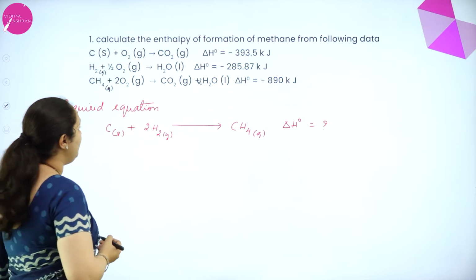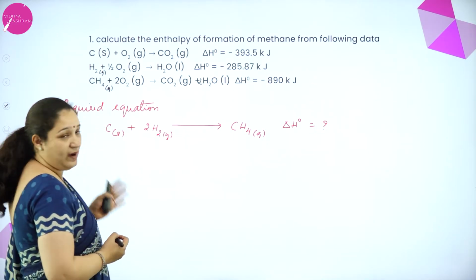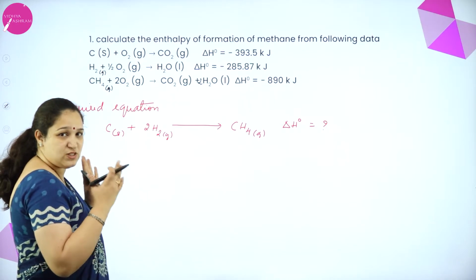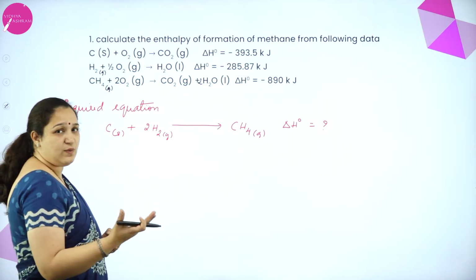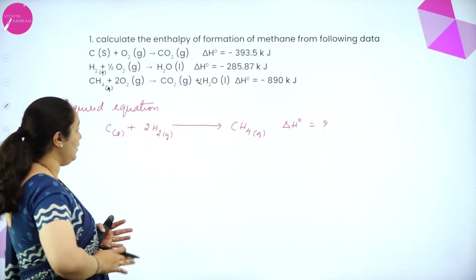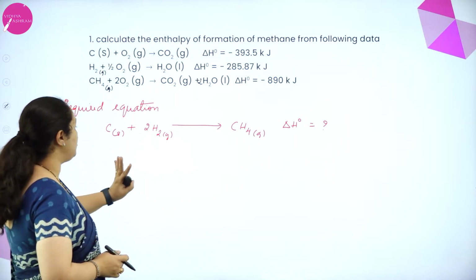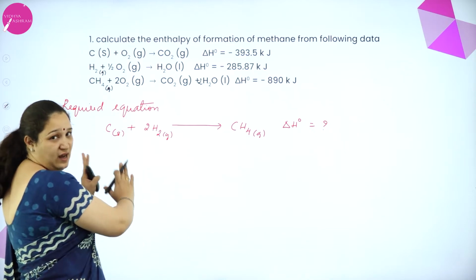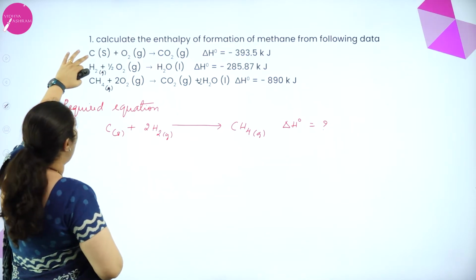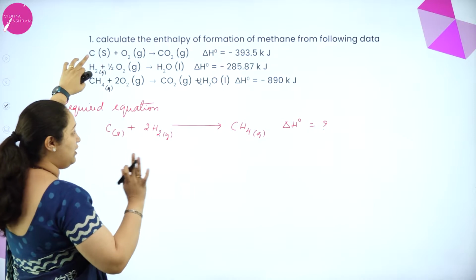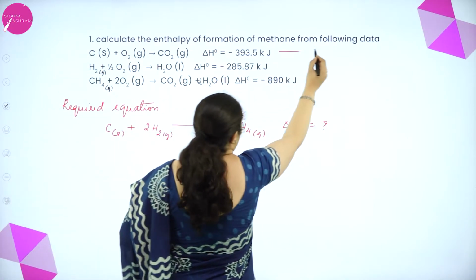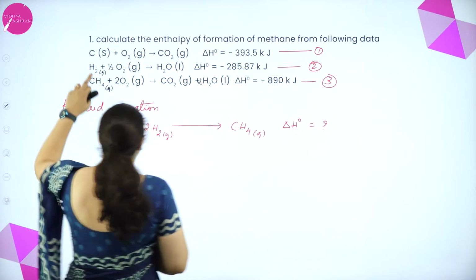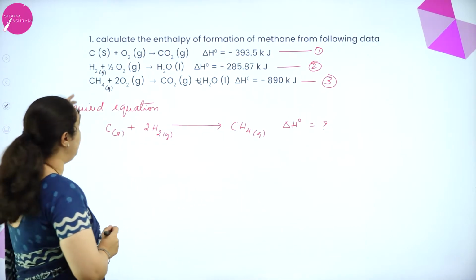Okay. Now if I look into the equations and the required equation, I'll get to know which equations I have to keep as they are, and which equations I need to reverse. Now I have carbon and hydrogen here. So I need, on the reactant side, carbon and hydrogen. So I have carbon in the reactant side. So equation 1, this I'll consider as 1, this as 2 and this as 3. Okay. So equation 1 will remain as it is.